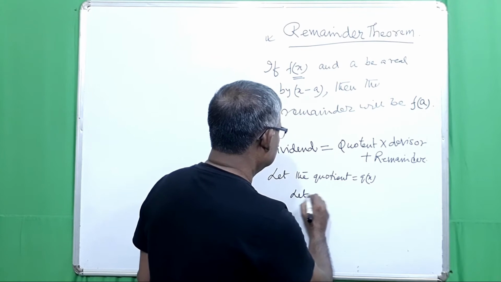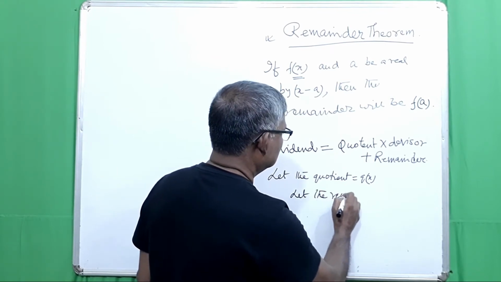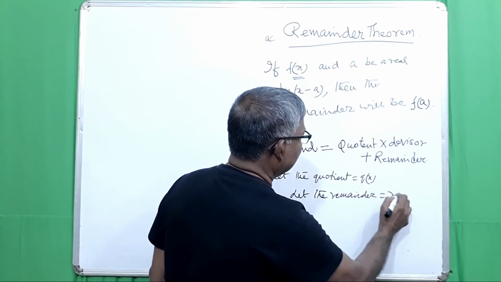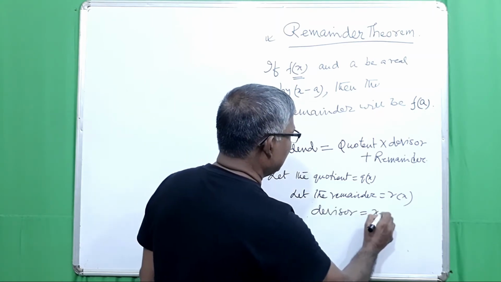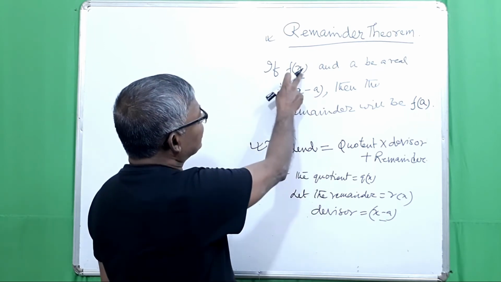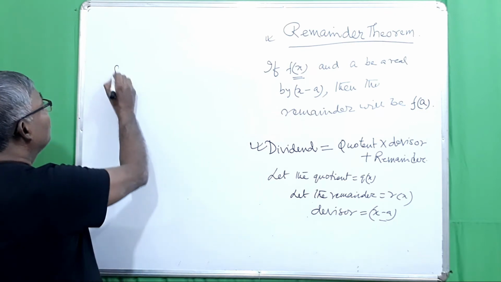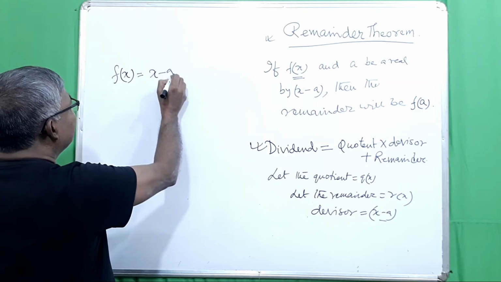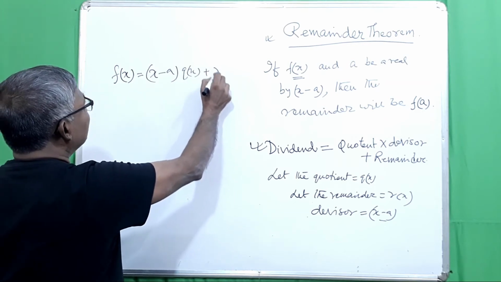Let the remainder be r(x) and divisor equal to x minus a. Given we are dividing f(x) by x minus a, therefore we can write f(x) equal to (x minus a) into q(x) plus r(x).